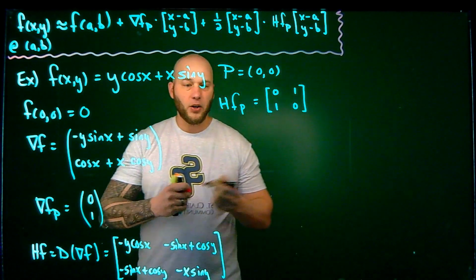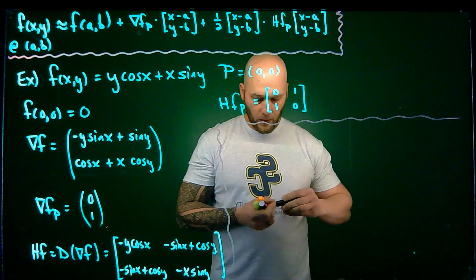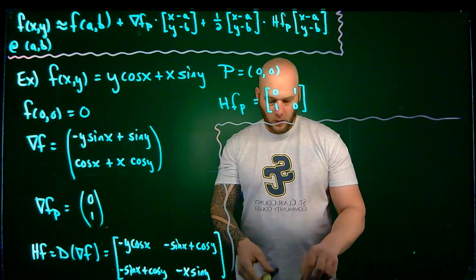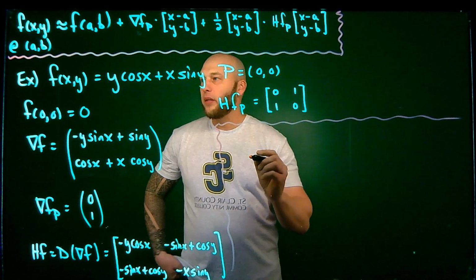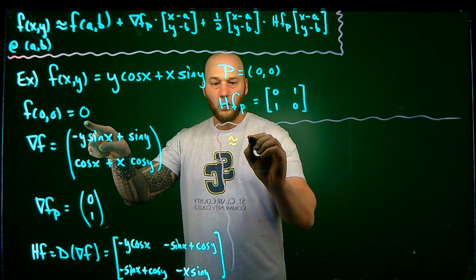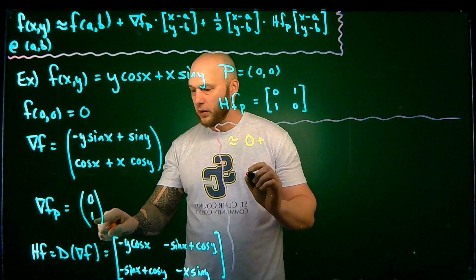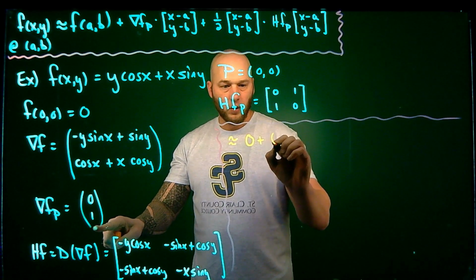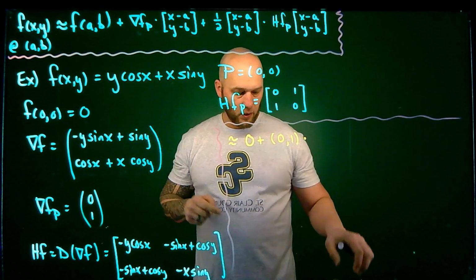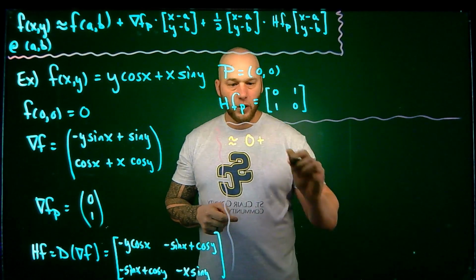So that's all the different components that I need to pop into that formula. Let me section this off, because I'd like to keep everything up here ideally. And let's go ahead and plug things in. The function that we started with is approximately equal to the function value, which was 0, plus the gradient at P, which was the vector 0, 1. I'll write it as a column vector, to be as efficient as possible with the space here.